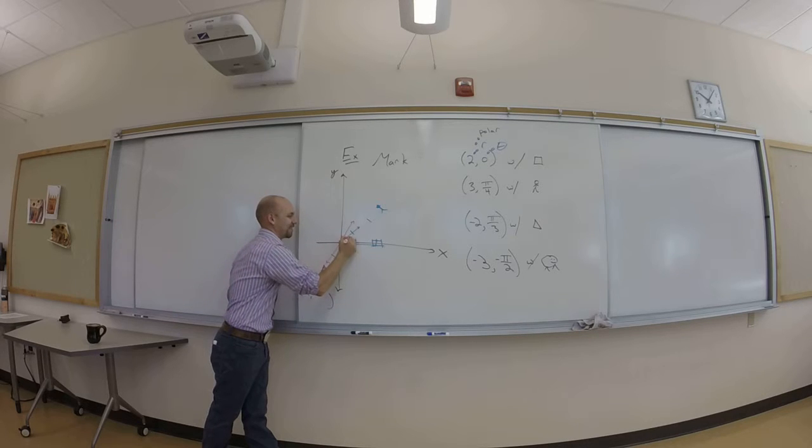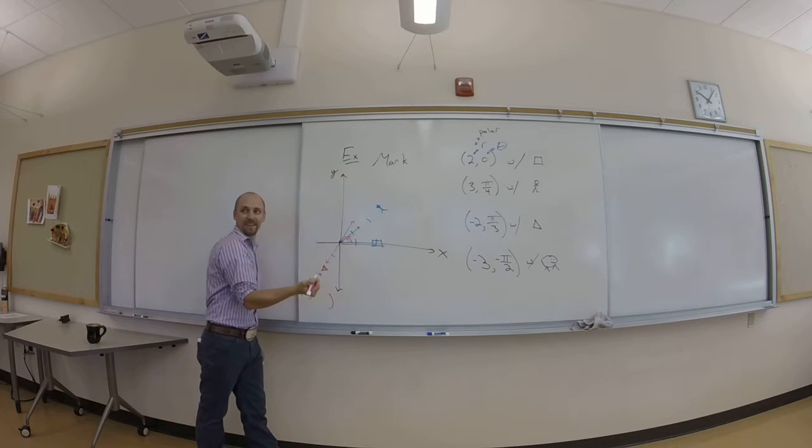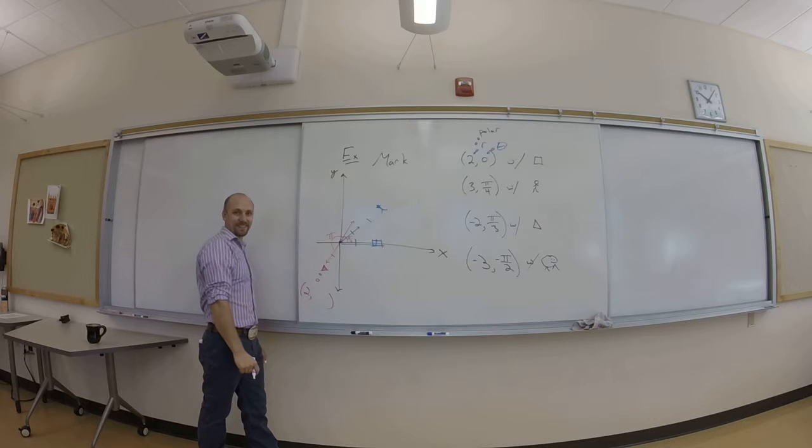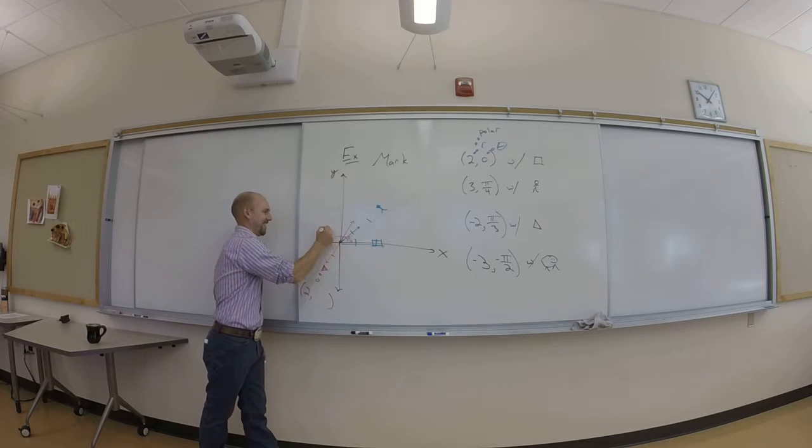Okay, how about this? This was pi over 3. What's a flat angle? 180, or pi? So now I'm going pi over 3 and then pi more. Let's think about this as 3 pi over 3.